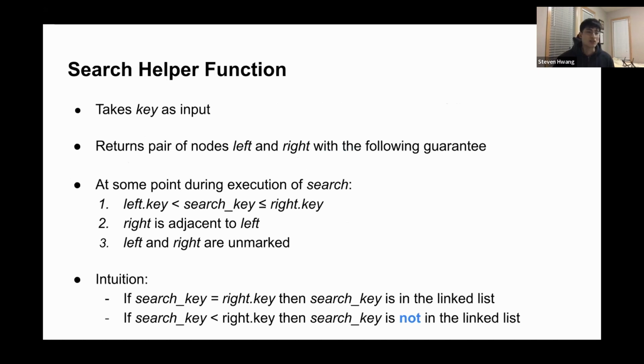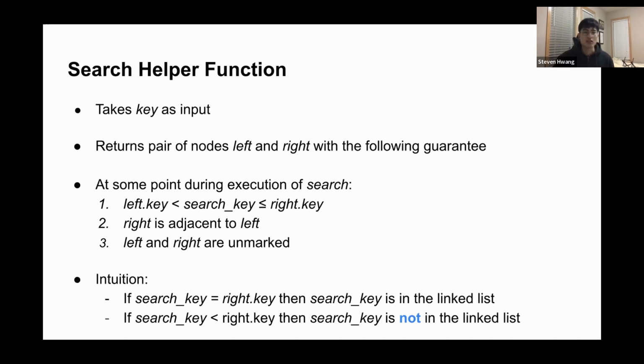Harris's linked list works by using the search helper function, which takes a key as an input and returns two nodes, left and right, with the following guarantee. At some point in time during the execution of search, the left key is less than the search key, which is less than or equal to the right key, right is adjacent to left, and left and right are not marked.